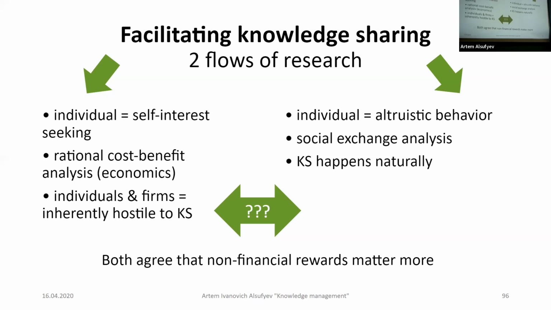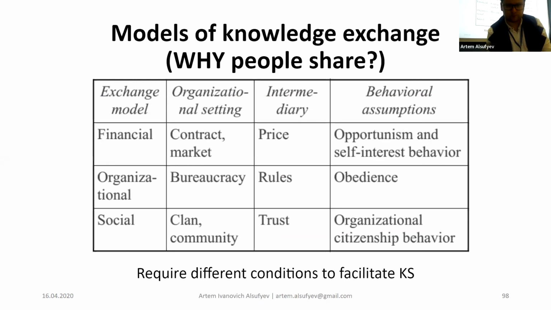But still, there is some self-interested behavior that we have to somehow compensate for. How can you compensate for it? Financially, yes. You have a contract, you have, for instance, premiums or bonuses for knowledge sharing, active participation.